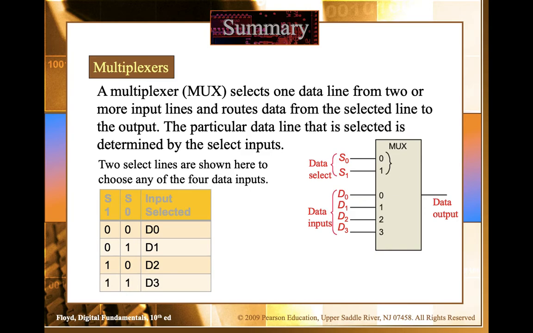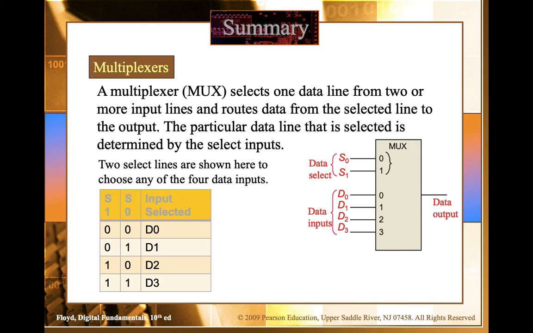Okay, so the next concept after decoders and encoders is multiplexers and demultiplexers. Now, what is a multiplexer? A multiplexer is basically a device which selects from multiple lines of inputs.